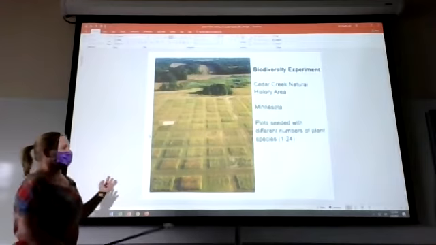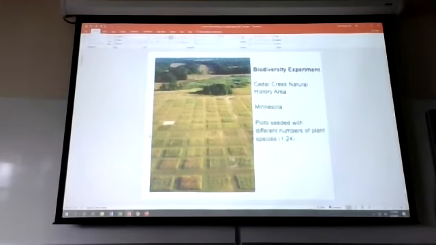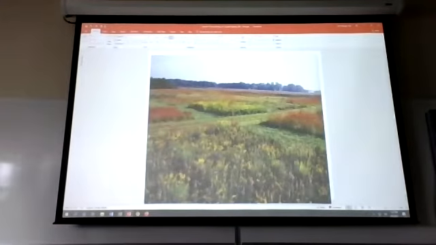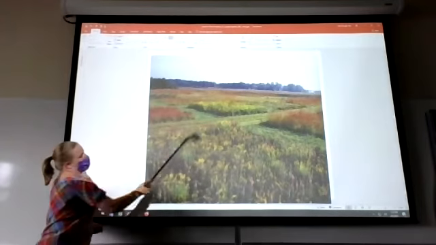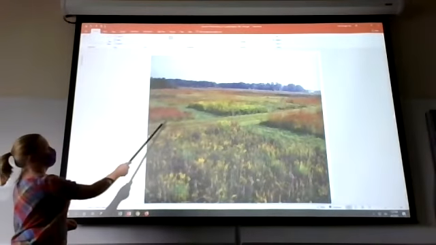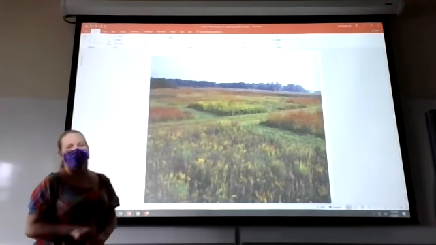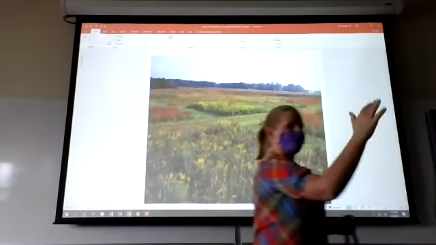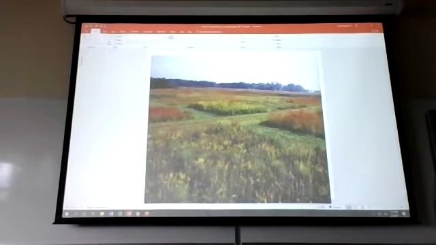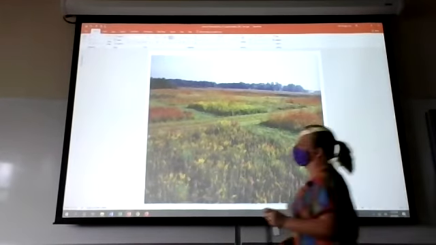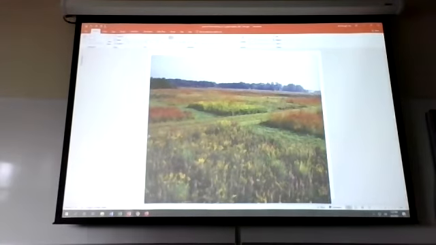So they range from low to high, and you can see here's a pretty diverse plot. Here's a really not diverse one. So by controlling how many species are planted, and then letting nature do its thing, give it years, maybe some invasive species come in.